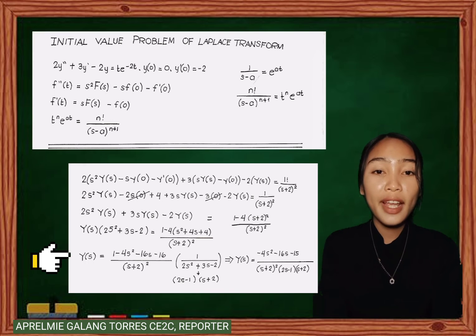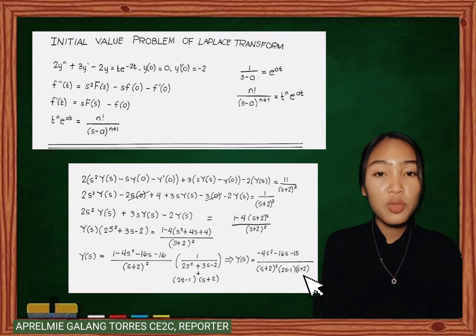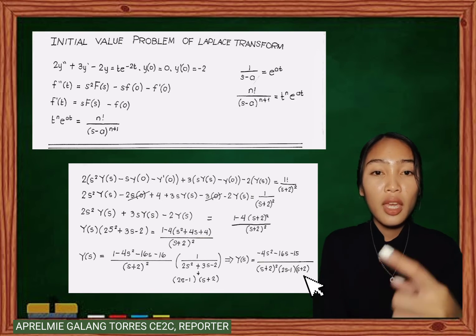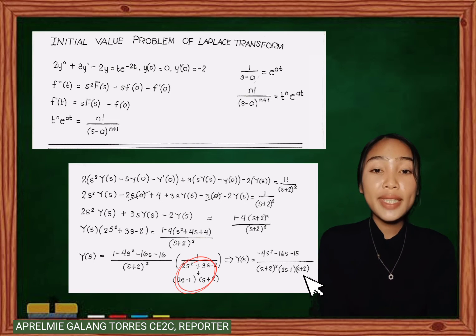So we've got negative 4s squared minus 16s, then 1 minus 16 gives us a negative 15, all over the quantity s plus 2 squared. We can factor this 2s squared plus 3s minus 2. If we do that, we'll get 2s times s plus 2 minus 1 gives us 2s squared plus 4s minus s minus 2. So we'll say times 2s minus 1 times s plus 2.